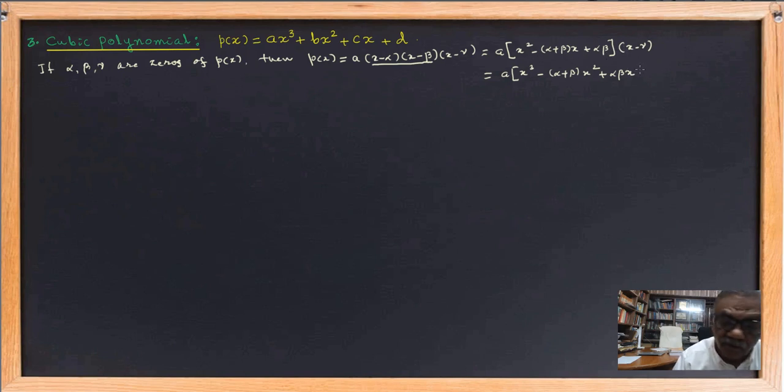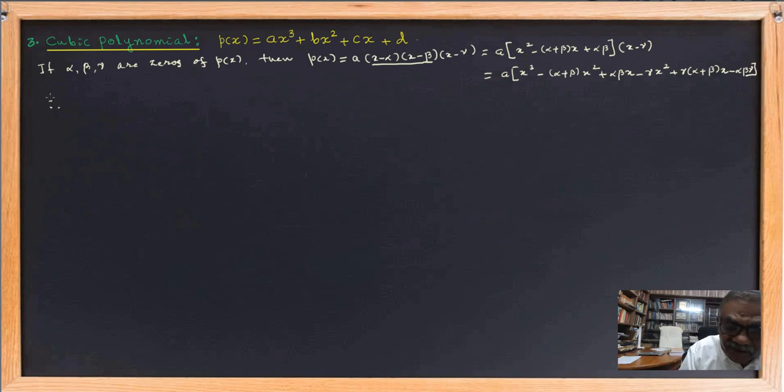Then multiply minus gamma to each term of the quadratic polynomial. So I can write down minus gamma x square plus gamma into (alpha plus beta) into x minus alpha beta gamma.